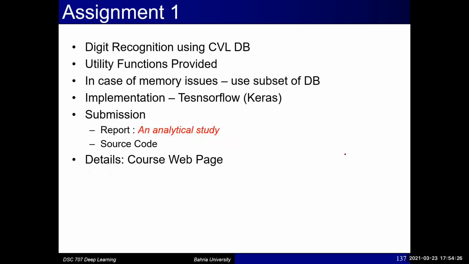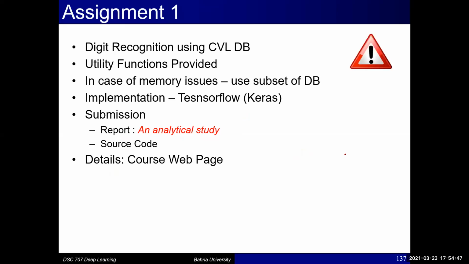Part two in your assignment is basically implementation of digit recognition using multi-layer perceptron, right? So since it is not a programming assignment, you are free to actually get help from anywhere. In fact, the source code which is provided in your slides, you can replicate it, right?